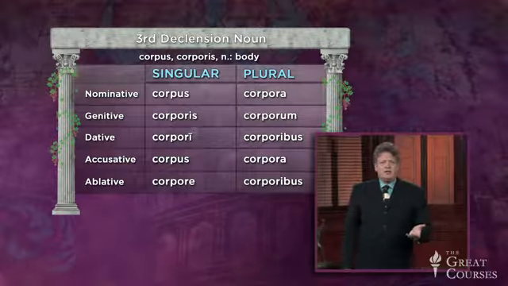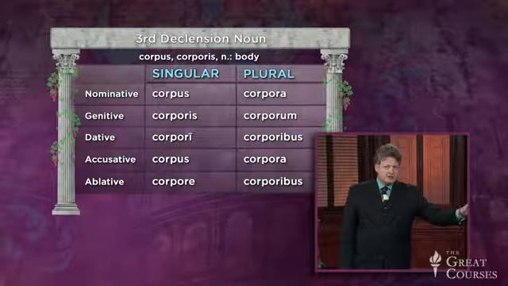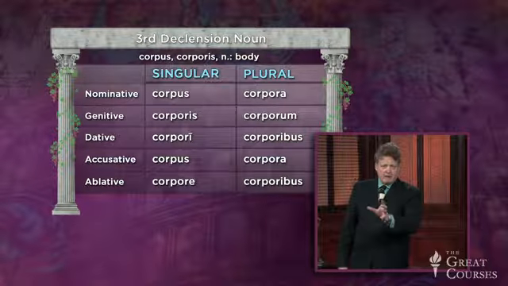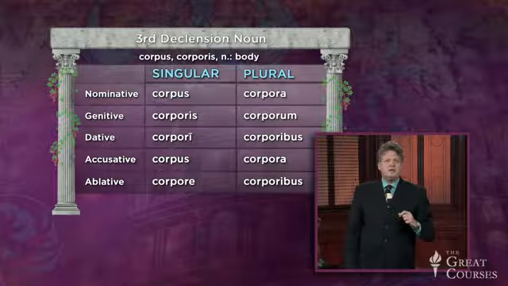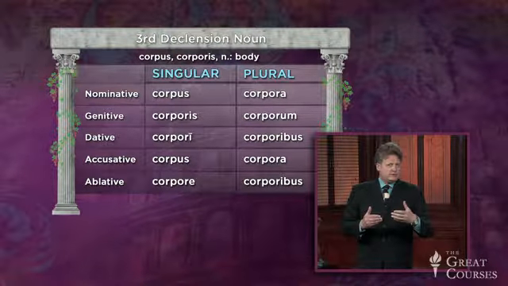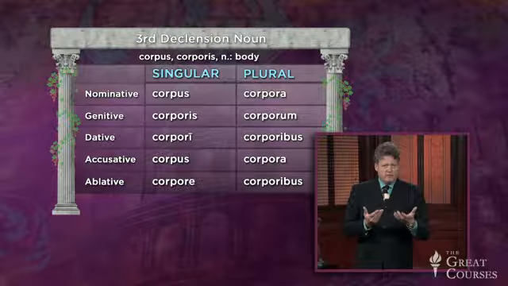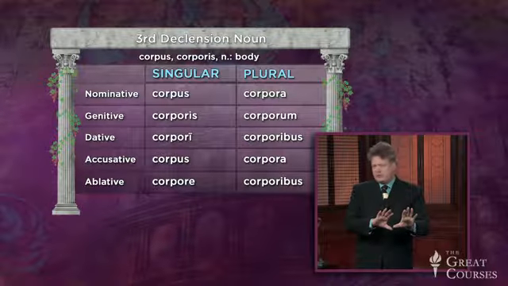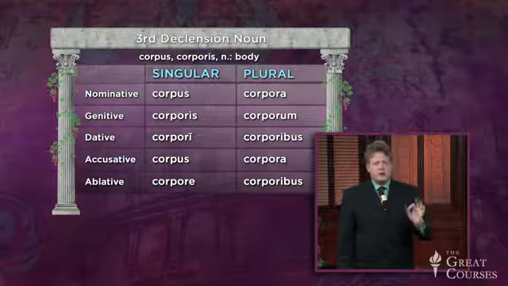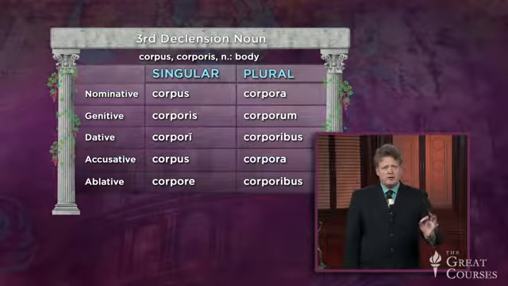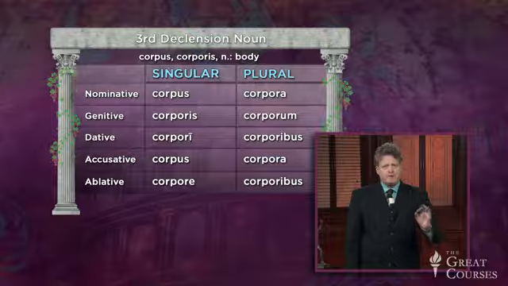Let's try the whole declension from the nominative singular corpus all the way to the ablative plural corporibus. Please repeat after me, but remember that I'll pause briefly after the singular before proceeding to the plural, so don't begin too early. Here goes. Corpus, corporis, corpori, corpus, corpora.